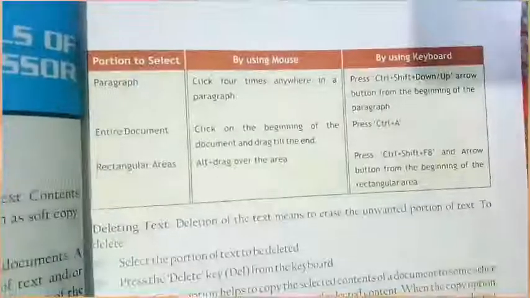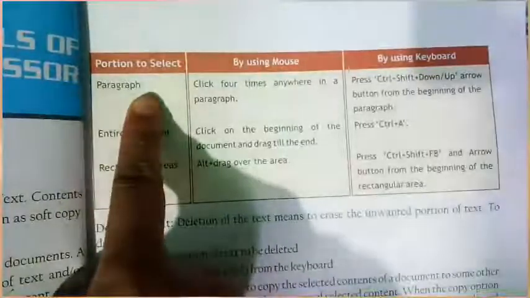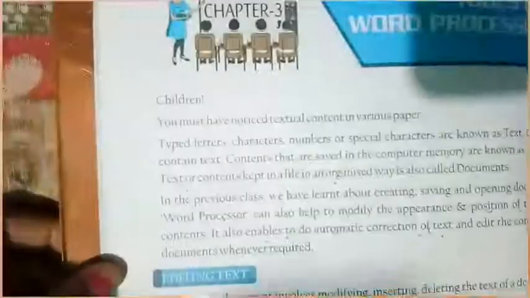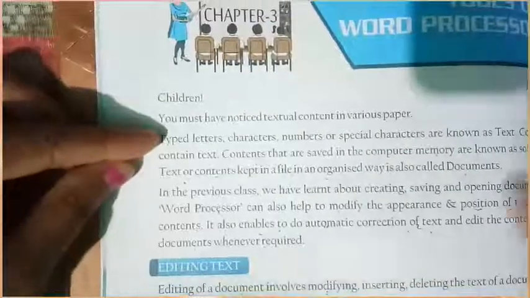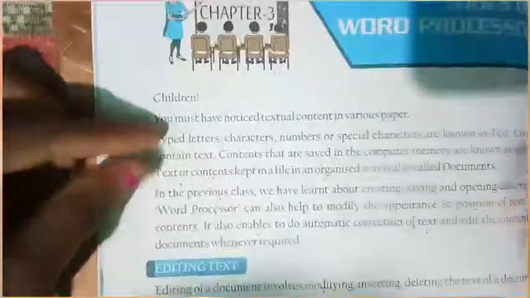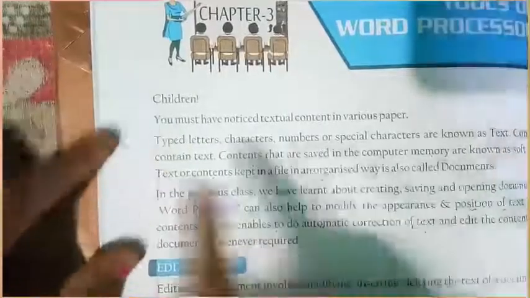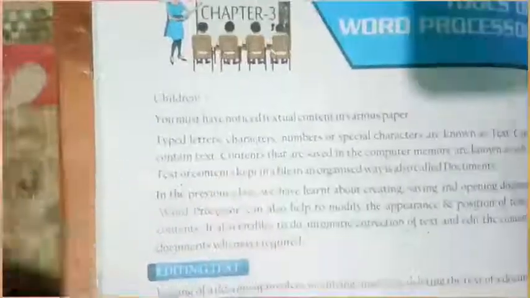Now come to page number 19. If we want to select any paragraph, see in page number 18, from typed letters to document, from here to here it is one paragraph. So if we want to select the whole paragraph, then what do we do?